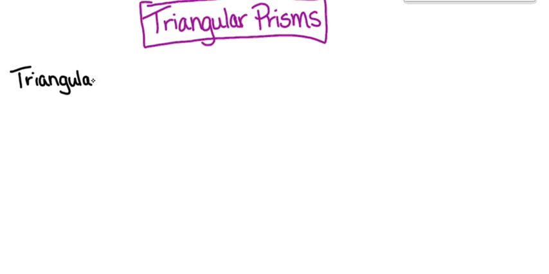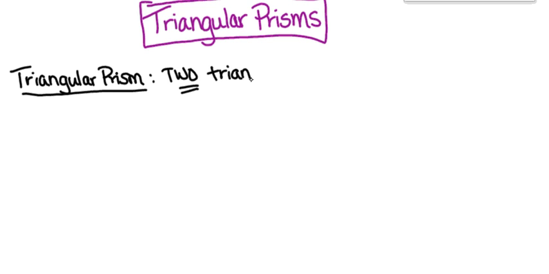Well, remember from the previous video that a triangular prism is going to have two bases in the shape of triangles. So two triangular bases, and the sides are rectangles.